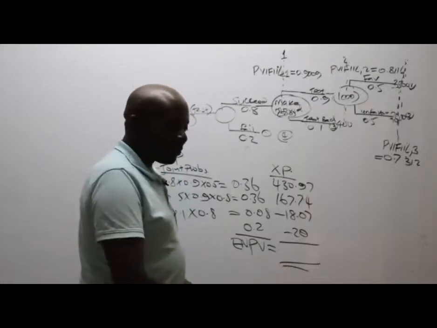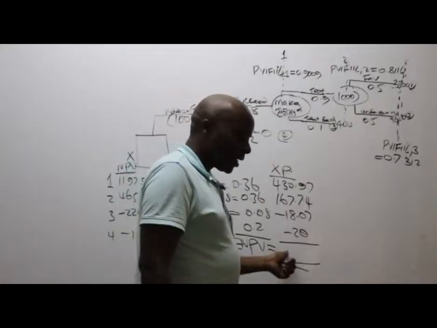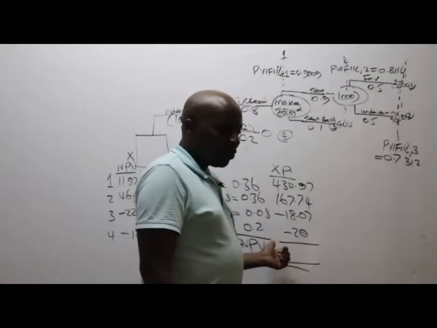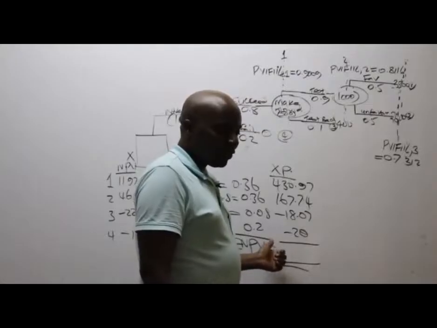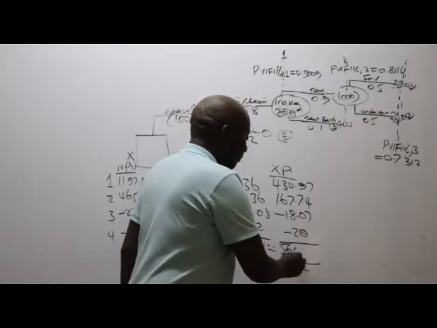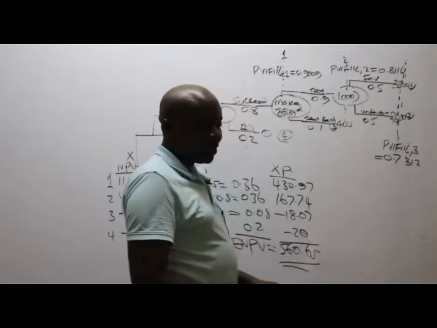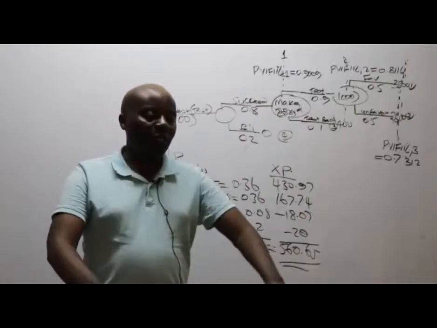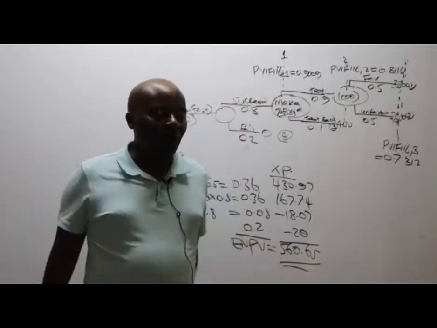Right. So then the expected net present value, somebody is giving me the last figure here. What figure are we getting here? 560.65. That tells us that this project is viable. Have you said that?